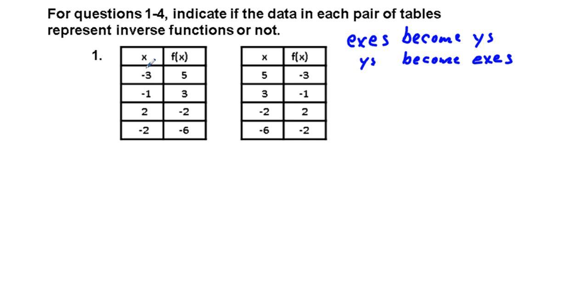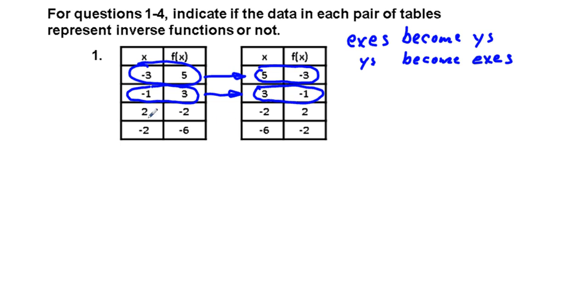And here on this left table we have -3, 5. Well, the inverse of that point would be 5, -3, which is the case. And we can see lining up here, one coordinate pair at a time, that we are switching x's and y's in each of these cases.